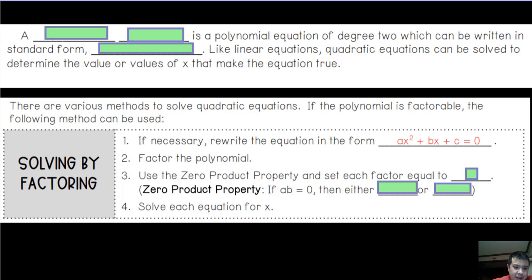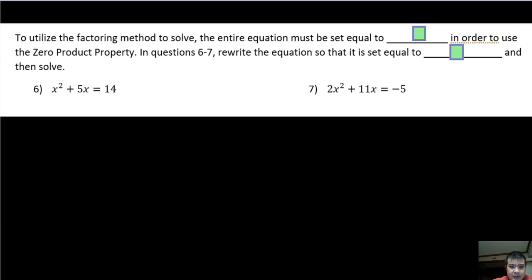We can see that's not the case for our next two examples. This one is set equal to 14, the other one is set equal to negative 5. So we're going to have to rewrite this so that it is set equal to 0. In order to do that, we have to subtract 14 on both sides. That gets us x² + 5x - 14 = 0.